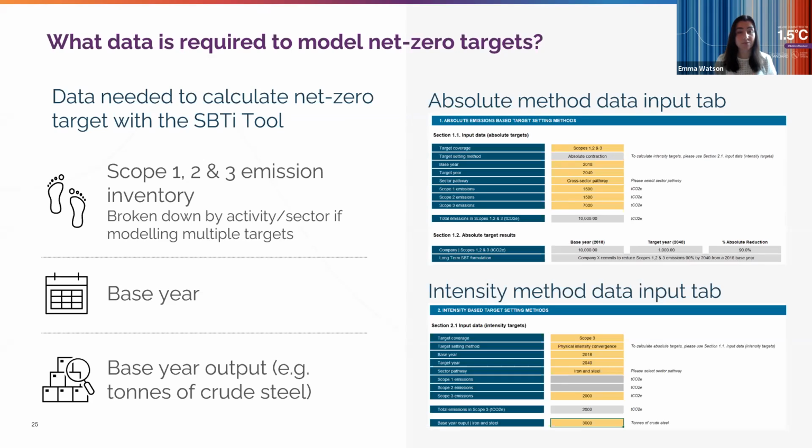That is fairly simple, and then it outputs the target. At the bottom, you can see the intensity method data input tab. It's pretty much the same. The only thing that's different is that you would also include your base year output, so those tons of steel, for example.